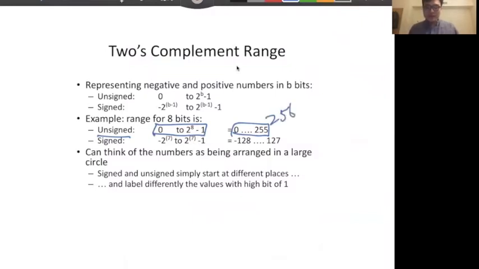But if you want to use signed, you want to represent negative numbers, because the first digit will be used to check whether it's a negative or positive number. So you can only get the range negative 128 to 127. So still 256 numbers, but the range will be different, depending on the negative or positive number.